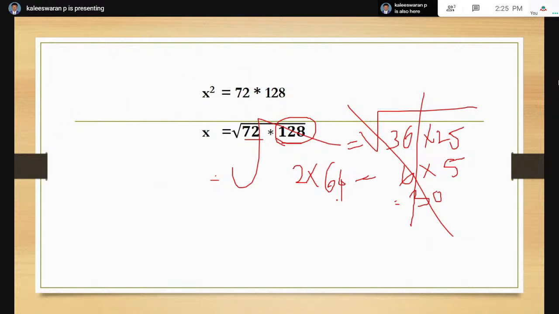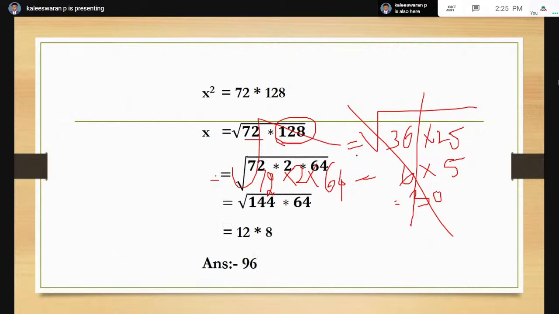I want to change this question. This 2 multiplies with 72. What is the answer? It is 144. So finally, the question will come like 144 into 64.